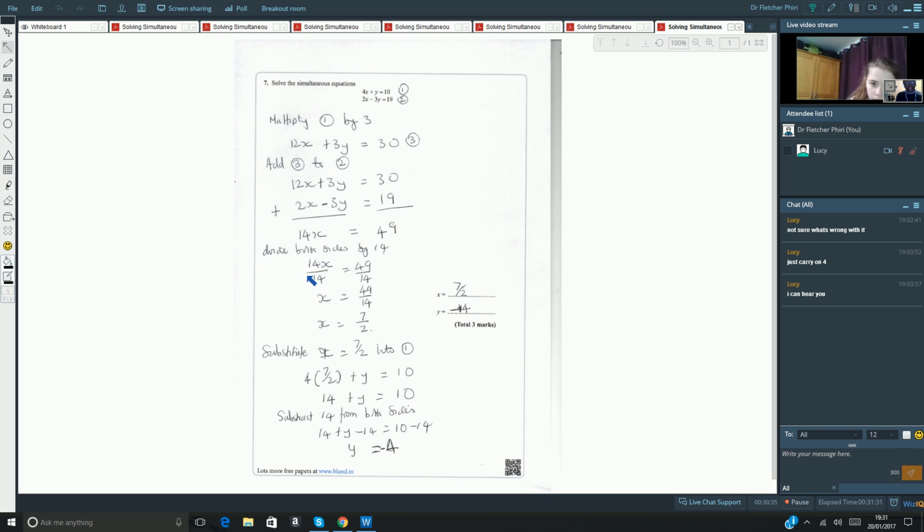Then I have to divide by 14 both sides because I'm interested in x. So 14x divided by 14 is equal to 49 divided by 14. That gives me x is equal to 49 over 14. Now 49 over 14 is 7 over 2. It's important for you to leave it in this form of fraction. Don't use decimals because it's difficult for you to work with the others.